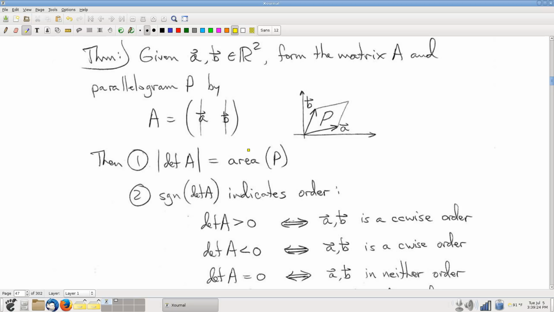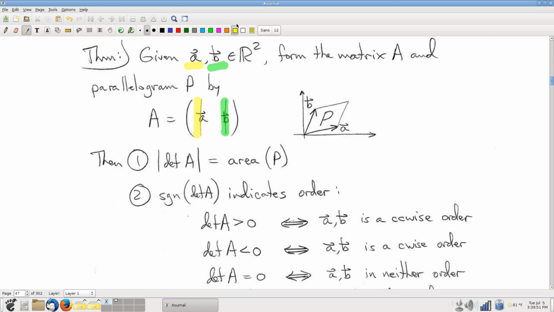Now, more is true. That's just the absolute value of the determinant. The sign of the determinant tells you about the order that the original pair of vectors was listed in. Now, the order is important. You'll notice that I had A listed first, so A goes in and becomes the first column. B is listed second, so B becomes the second column.